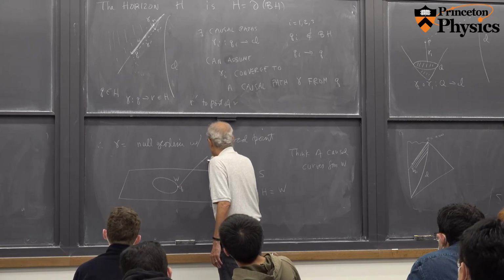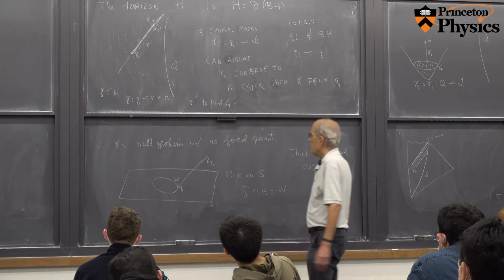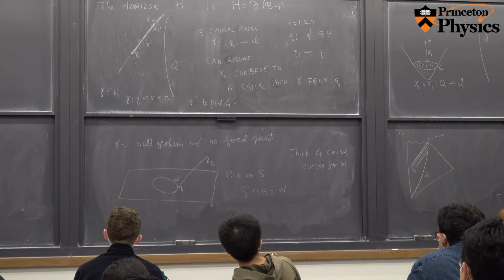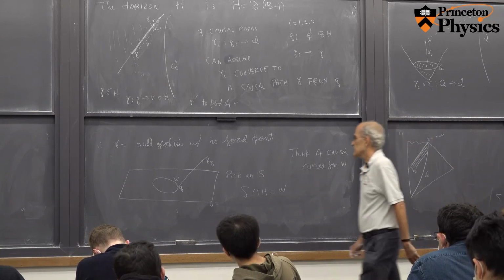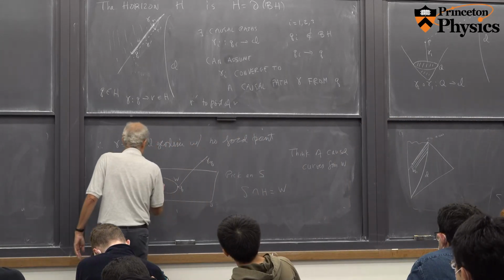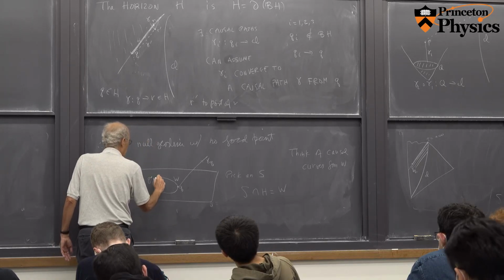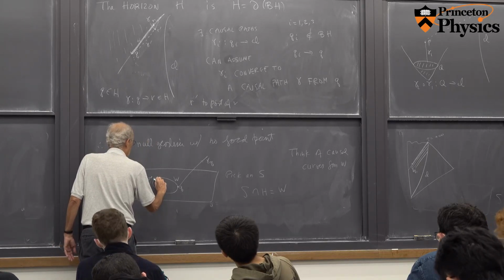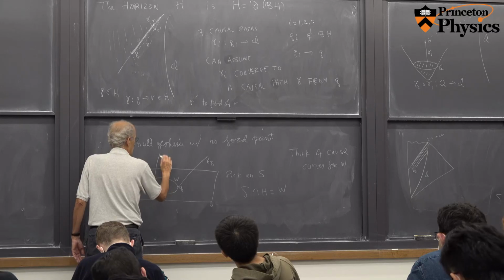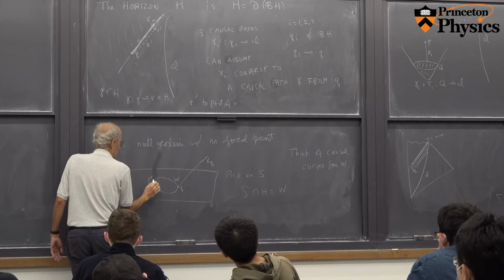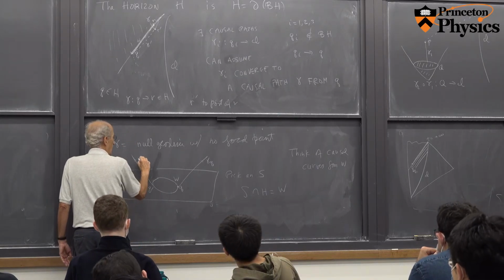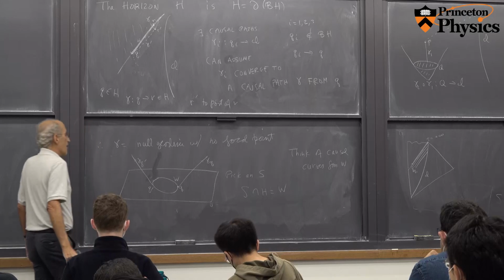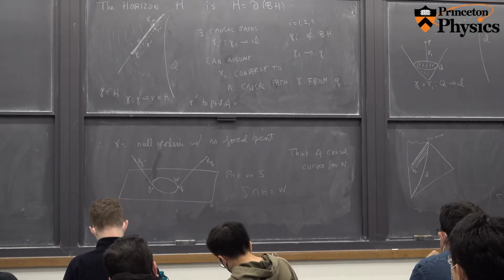We constructed for each Q a prompt null geodesic gamma Q, I'll call it now, emanating from Q and staying always on the horizon. If I take another point Q prime on W, the same construction applies. The problem is just how to draw it on a two-dimensional flat blackboard, but the same construction applies, and there will be a curve gamma Q prime emanating from Q prime, also a prompt null geodesic.